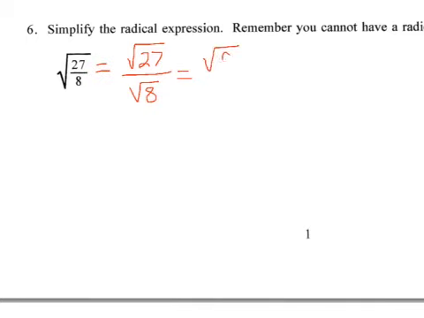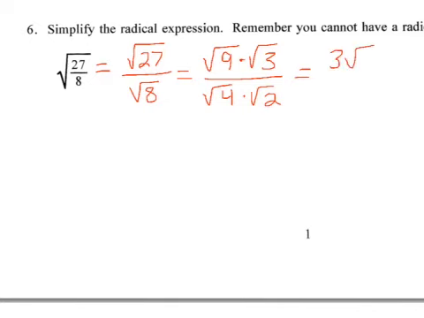We know that that's the same as the square root of 9 times the square root of 3. And we know that 8 is the same as the square root of 4 times the square root of 2. The square root of 9 is 3, and that root 3 is just going to stay there. The square root of 4 is 2, and that root 2 is going to stay there.